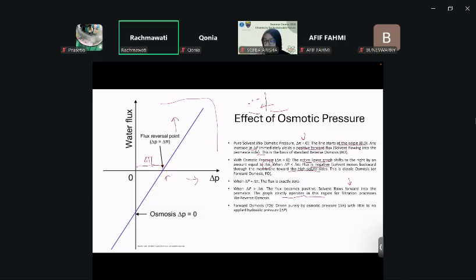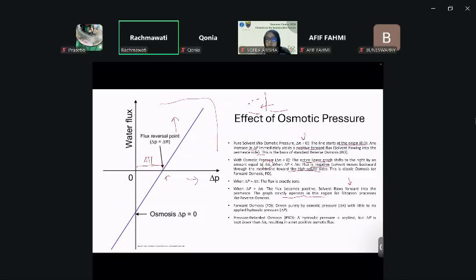So forward osmosis is the normal osmosis. It's driven purely by osmotic pressure due to the presence of solute, the different concentration of solute in the two compartments. It will happen even when we don't apply pressure.